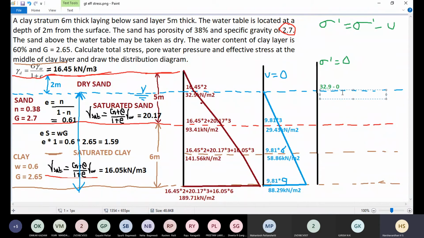Therefore, effective stress is 32.9. At the bottom of the sand layer, total pressure is 93.41 and pore pressure is 29.43.